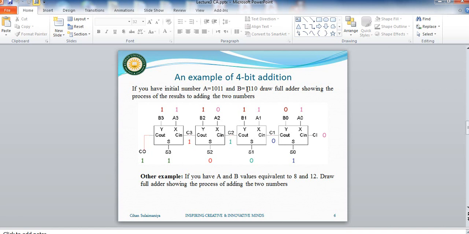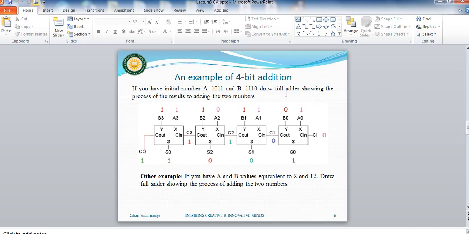So if we want to add these two numbers, the full adder is going to take 3 bits. Now these are 2 inputs, this is input 1 and this is input 2. What about the third input?